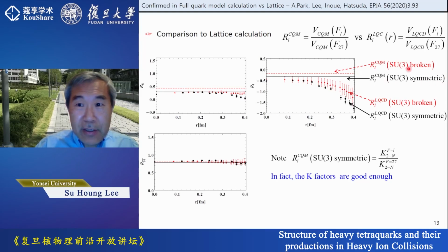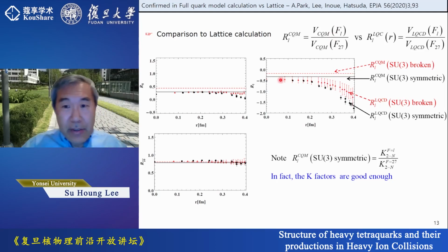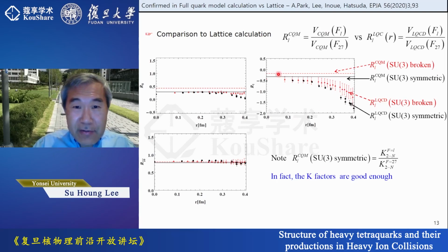The black line is symmetric and red is broken. It turns out that when the two baryon distance approaches 0, the lattice calculations approach the ratio that one can calculate in the quark model. So the K factor already gives you a good description of this ratio at short distance, even for all the different channels.